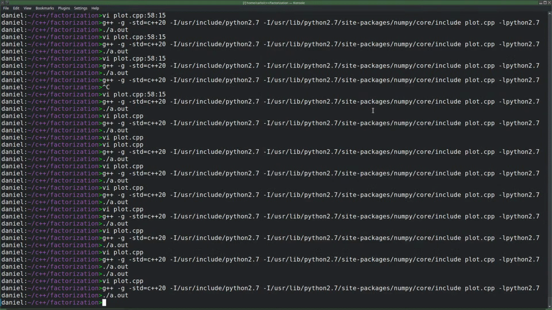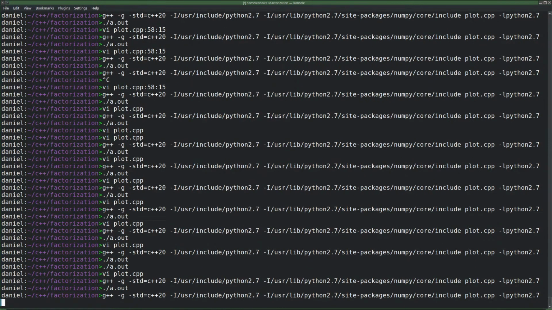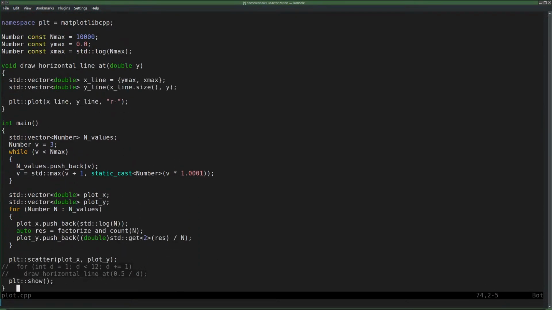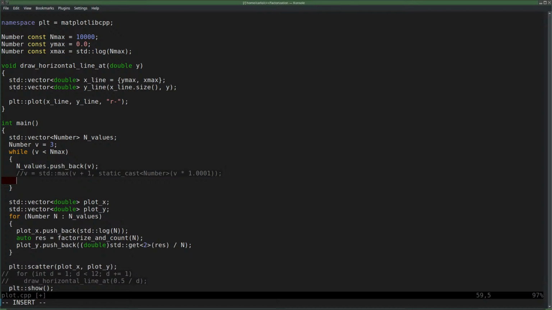Now what happens if you just do every integer? Oops. I'm going to go back to every integer. They must be odd though. Oh, I'm not testing if they are odd. Oh, I'm an idiot. I forgot to switch back to the 2 times v plus 1 thingy.